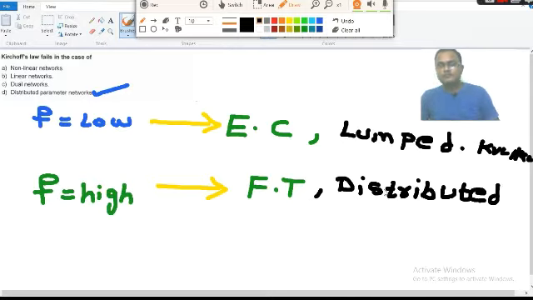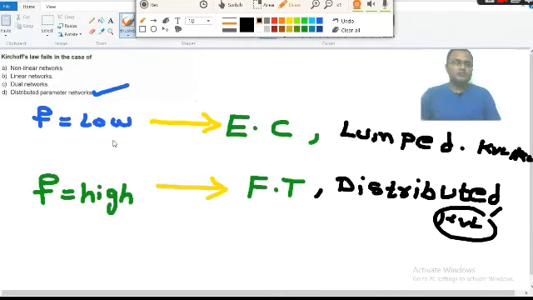But in distributed networks, we cannot represent any parameter in a lumped manner. So in a distributed parameter network we cannot write the KVL and the KCL. So we conclude that KVL and KCL are not satisfied and we cannot apply them in a distributed parameter network. Among these four options, the correct option is option D, distributed parameter networks.